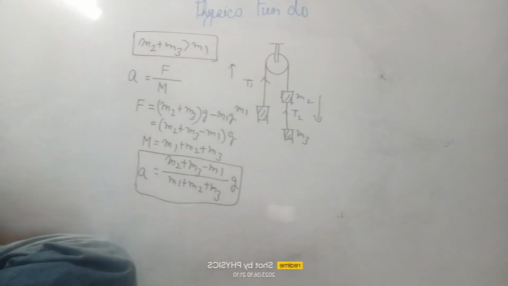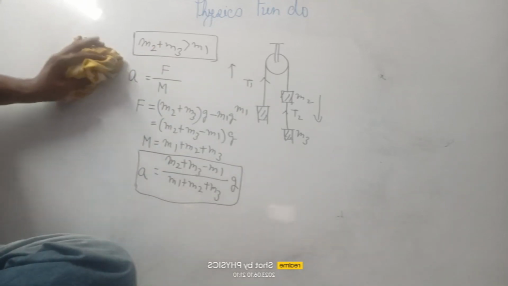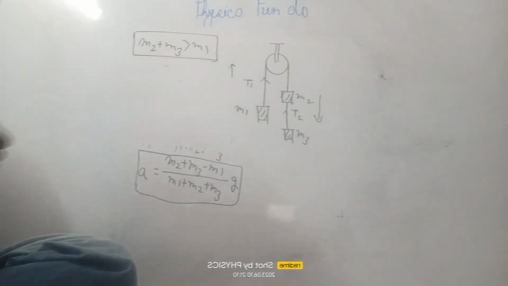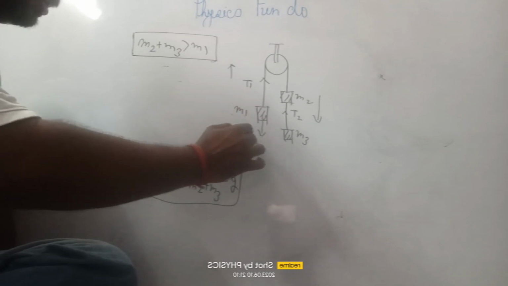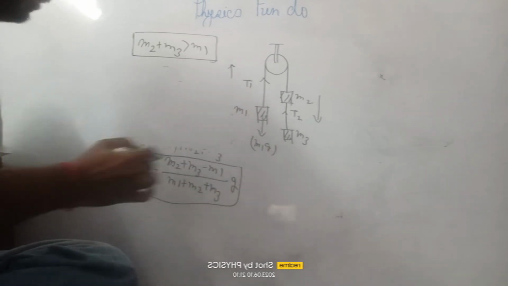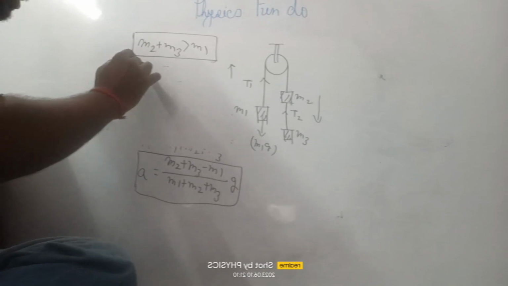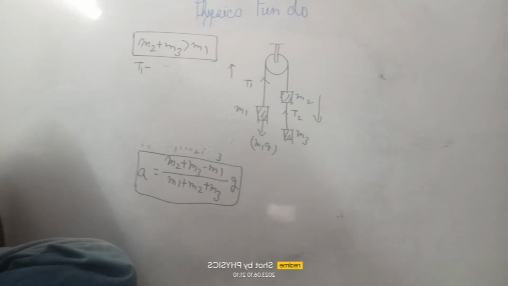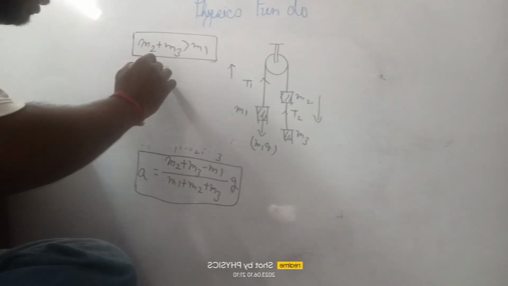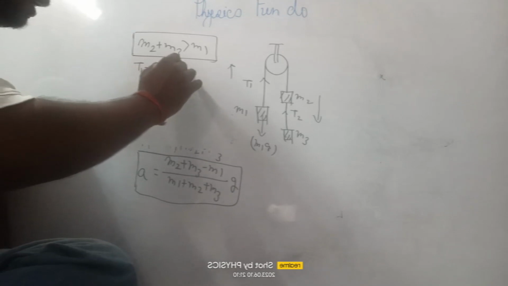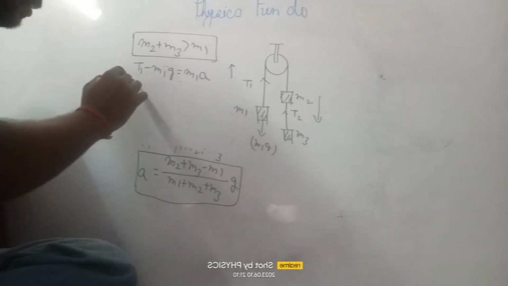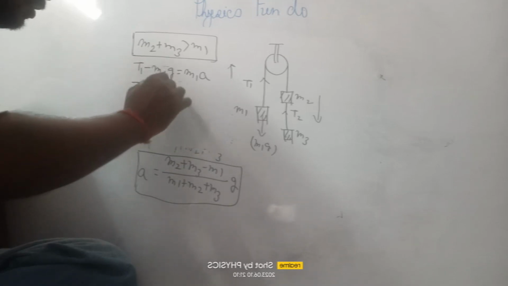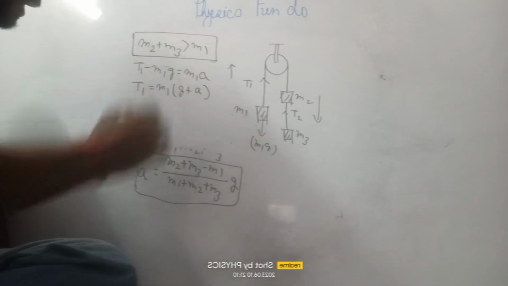Now move to the first body. We have the tension acting in the upward direction and m1g acting in the downward direction. So here the equation of motion is T1 minus m1g is equal to m1 into a. So we have T1 is equal to m1 common out, g plus a.